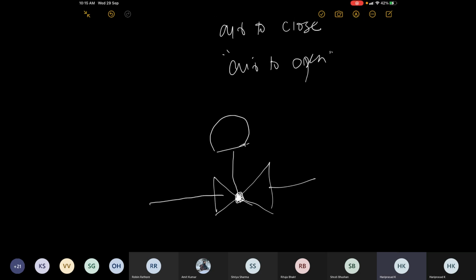There would be a diaphragm here, and the air line. The diaphragm would generally be an elastic material that can compress. This is the diaphragm, and this is the plug.